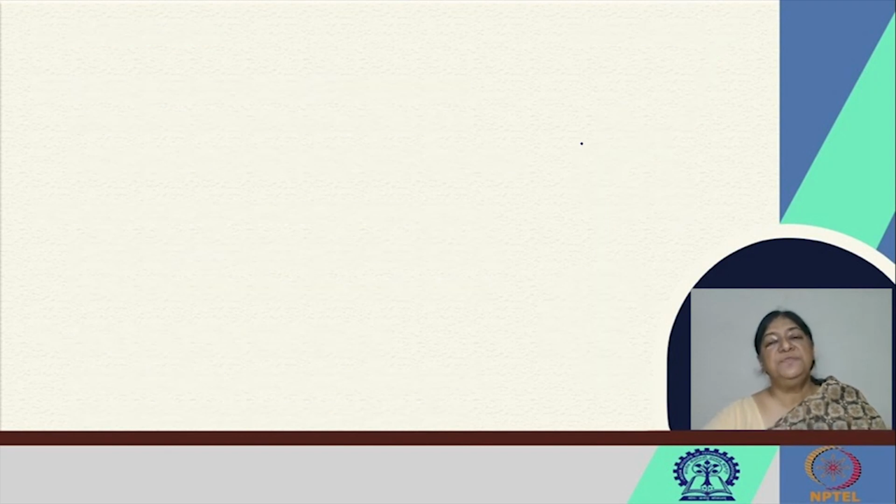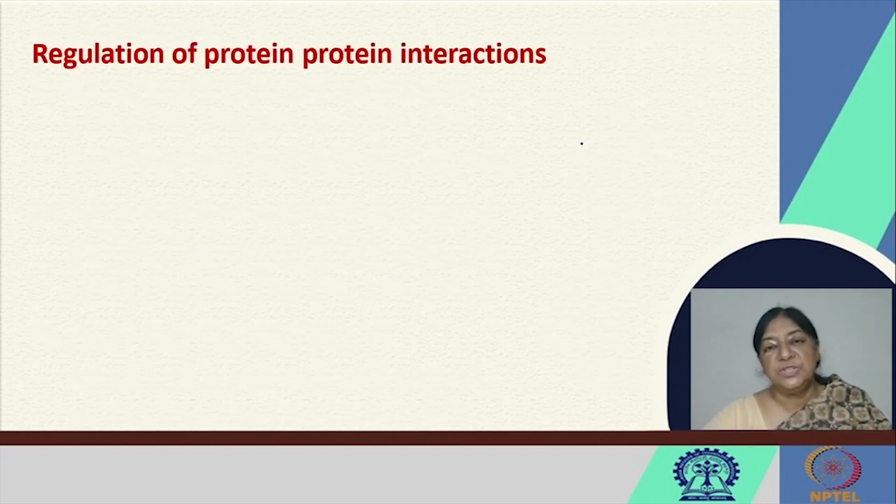So, a look at these different types of protein-protein interactions means there has to be a regulation of the protein-protein interactions.